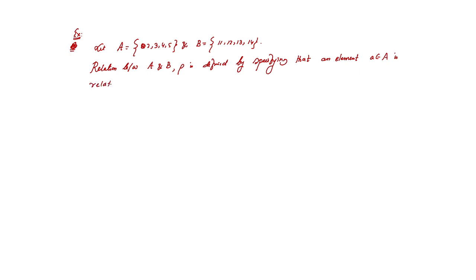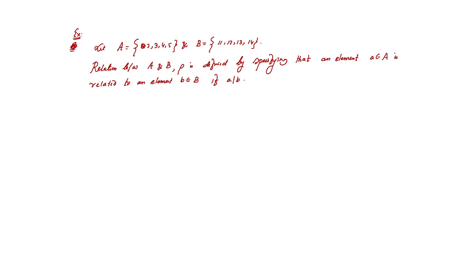Now we will define a relation between A and B. The relation rho is defined by specifying that an element small a belonging to capital A is related to an element b belonging to capital B if a divides b.